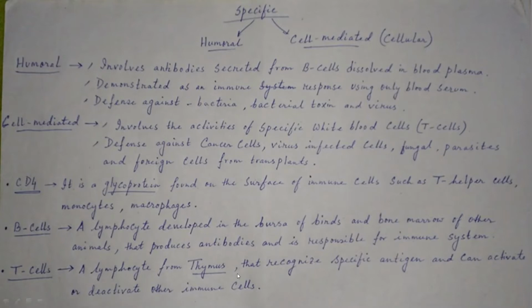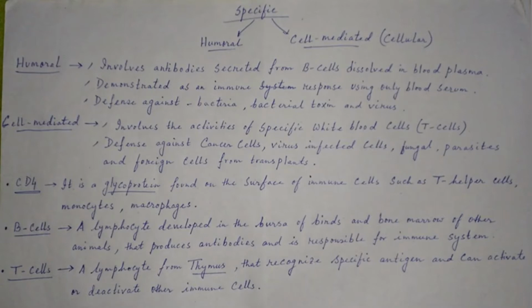So from thymus, it recognizes specific antigen and can either activate or deactivate other immune cells. Right? So you have come to know what is humoral, what is cell-mediated, what is CD4, what is B cells, and what is T cells.